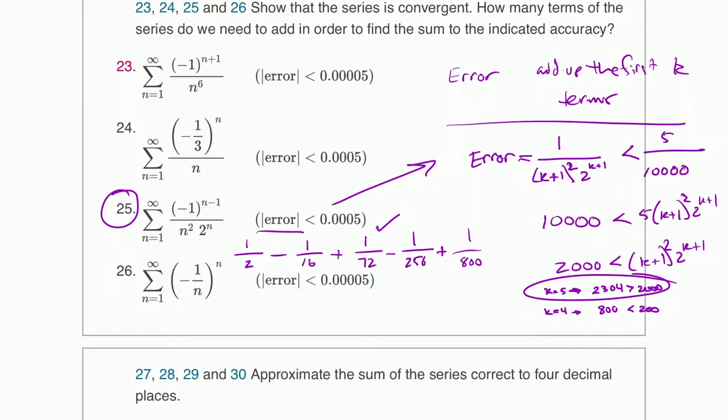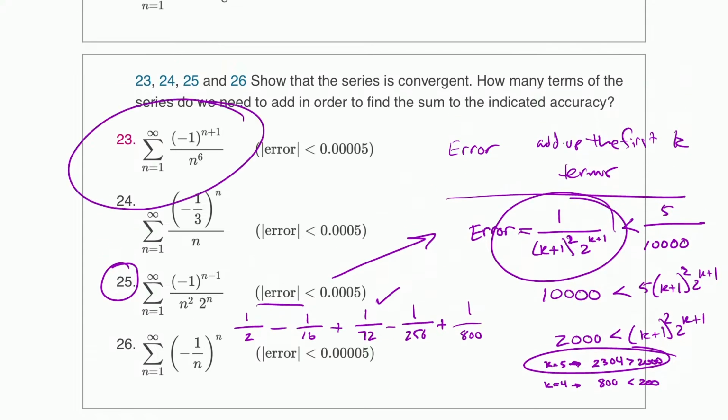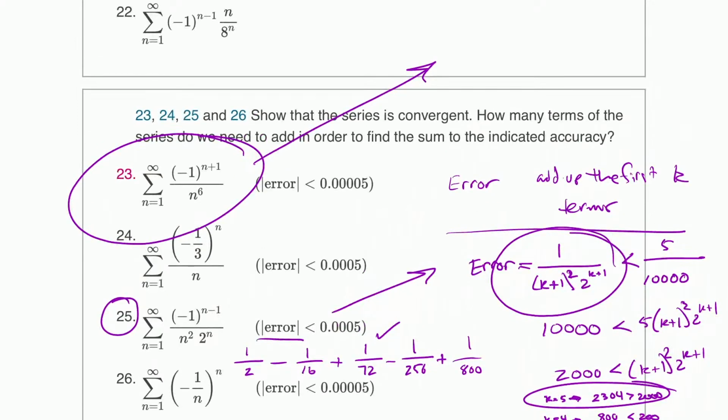Oh, okay. So the error is always the next term. Let's just take a look at 23 just to see. So let's say we added up 1 over 1 minus 1 over 64 plus 1 over 3 to the 6th, 729. Is that 3 to the 6th? 729, we're going to pretend. Okay, good. So let's say we stopped after 3 terms.